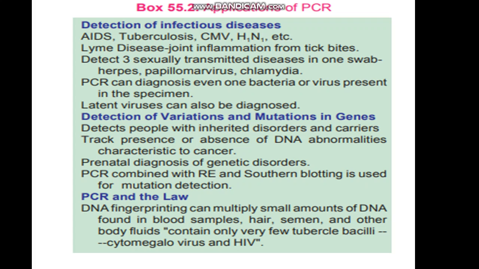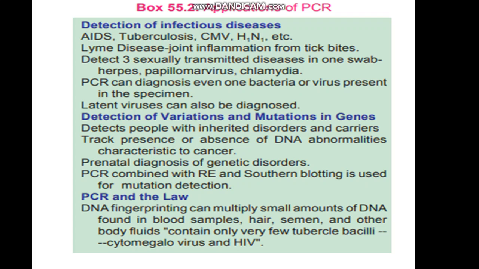So, there is reverse transcription of RNA to complementary DNA, and then this DNA is subjected to PCR. And then the Southern blotting technique is used to identify the RNA virus.